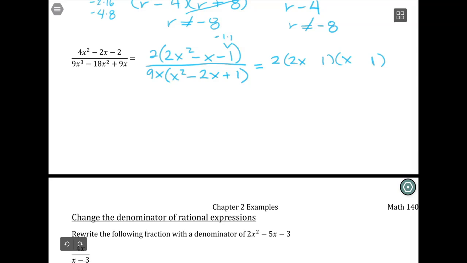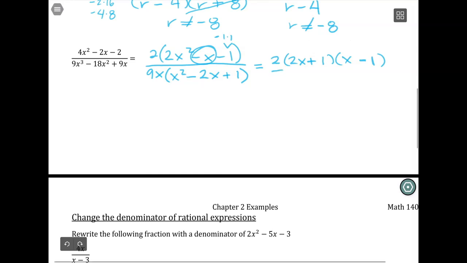So if my inside-outside, outside-inside, I guess, I don't know why I always want to switch it when I do this check, are 2x and x, and I'm hoping to get a middle term of negative x, I better make that a -2 and a +1. So I'm going to put the negative over here, the positive in the middle.